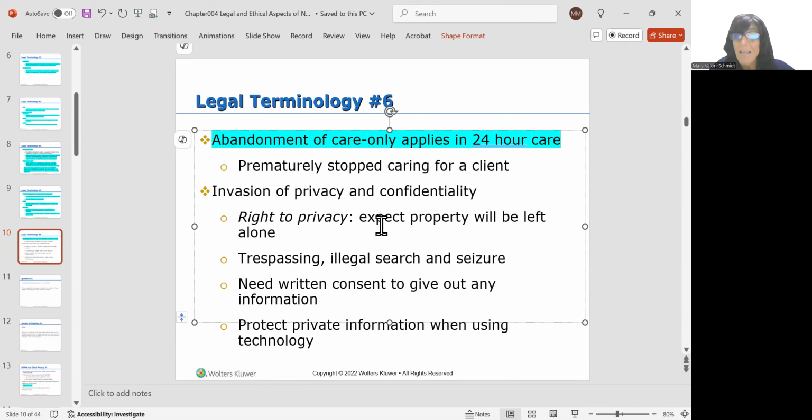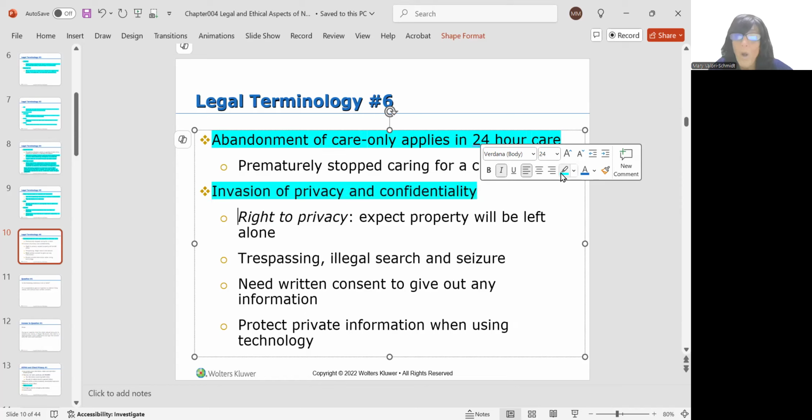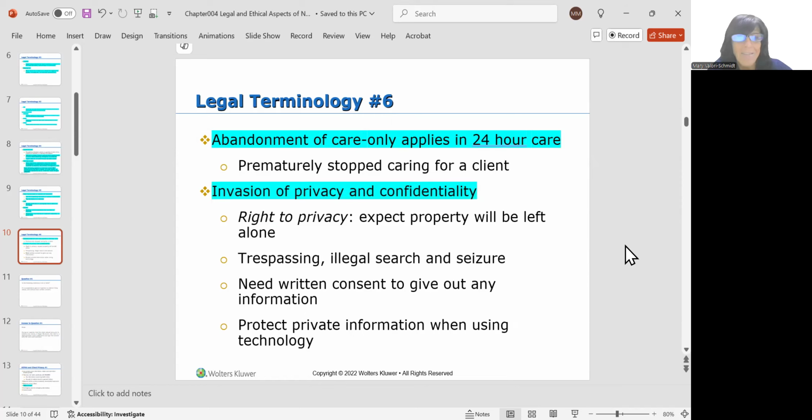Invasion of privacy and confidentiality. And we're going to talk about HIPAA. So it's expected that patients have a right to privacy, right? Whatever personal belongings they have should be left alone. There's no illegal search and seizure. We would need written consent to give out any information about the patient.